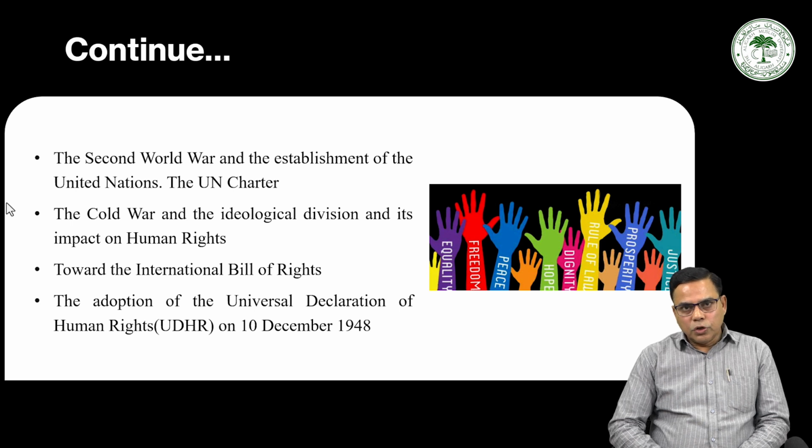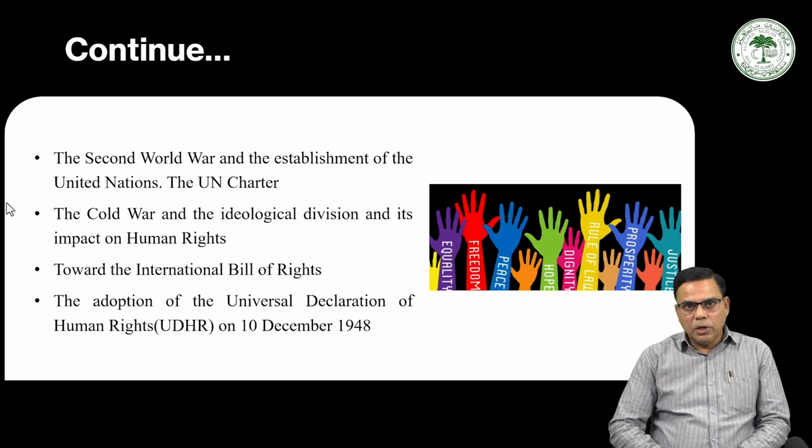The Universal Declaration of Human Rights has also inspired many countries to incorporate provisions of human rights in their respective constitutions. For example, in the Indian Constitution also, when the Universal Declaration was adopted by the United Nations, the Constituent Assembly of India was already deliberating upon what kind of rights and duties should be incorporated in the Constitution of India.